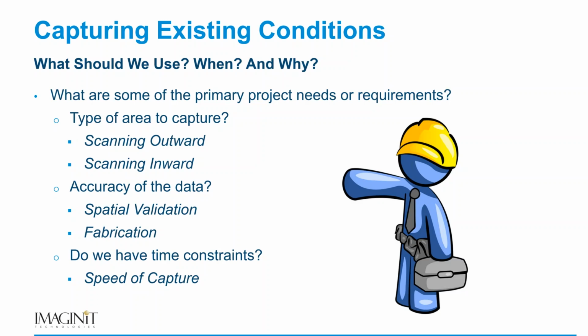We need to make sure there's enough egress and enough space to actually get the new equipment into the space, so I can determine how much I might have to reorganize one of my factory lines to facilitate this new design. We need to simulate that. Well, how are you going to simulate that if you don't have good documentation of your facility?